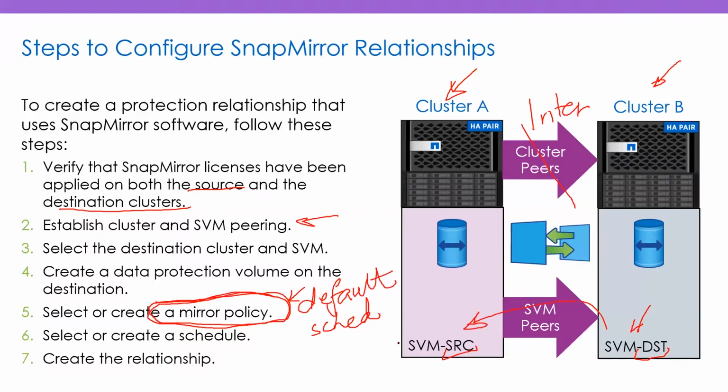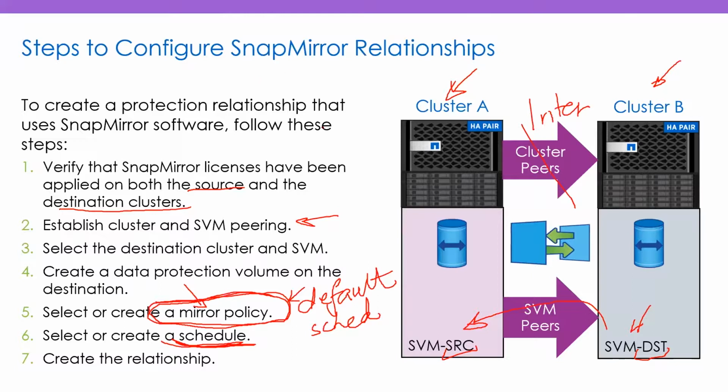There are default cron schedules applied, but if they don't meet your requirement, you can create your custom policy and apply it to the relationship. So be careful when you create a policy, it includes creating a schedule. What schedule means here is how often the destination will go to the source looking for new changes.